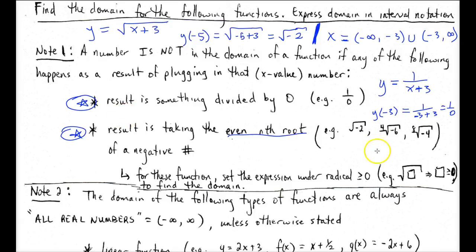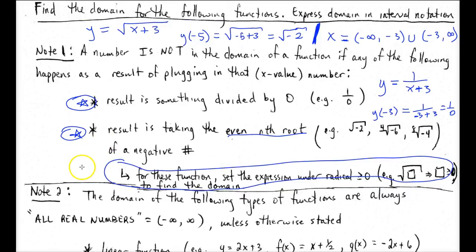So simply put, and I have this information down here, for any even nth root function, so if I had a square root here, or if I changed this and had a fourth root, or sixth root, eighth root, 10th root, 12th root, whatever, as long as the index is even, whatever is under the radical is going to have to be greater than or equal to 0.